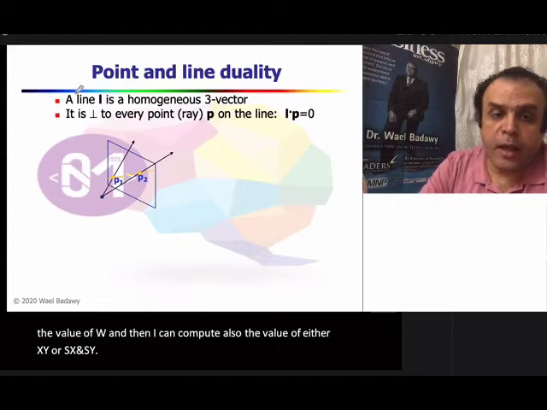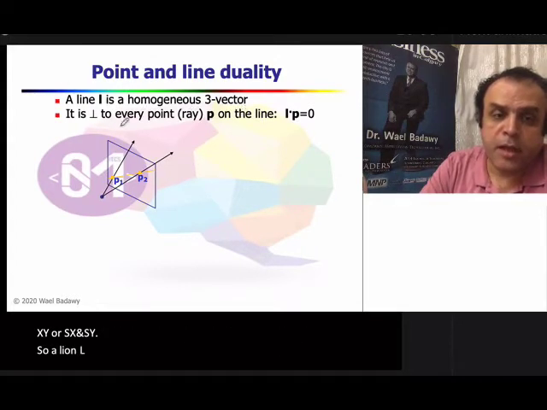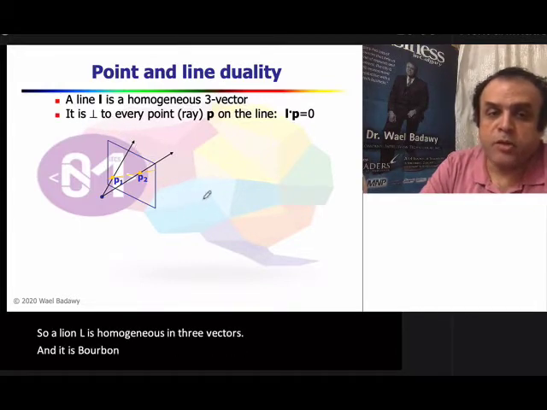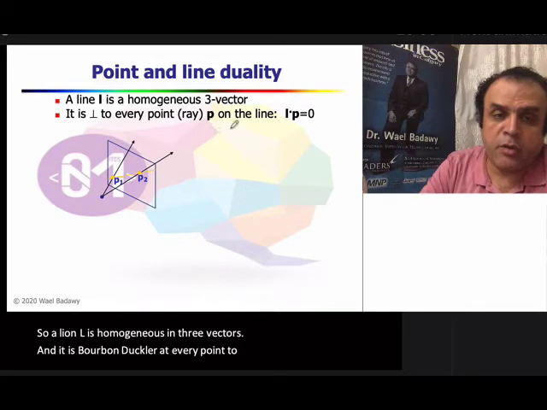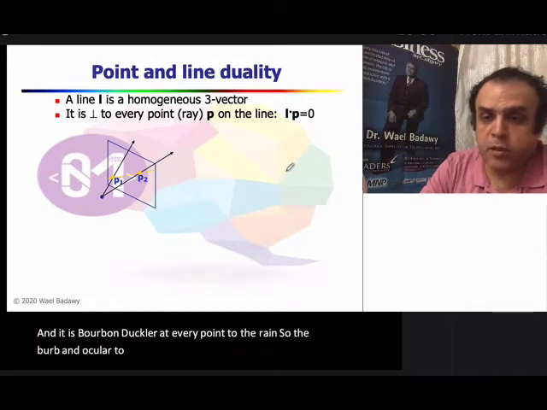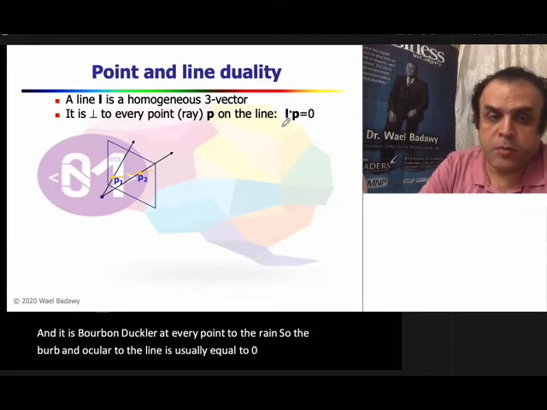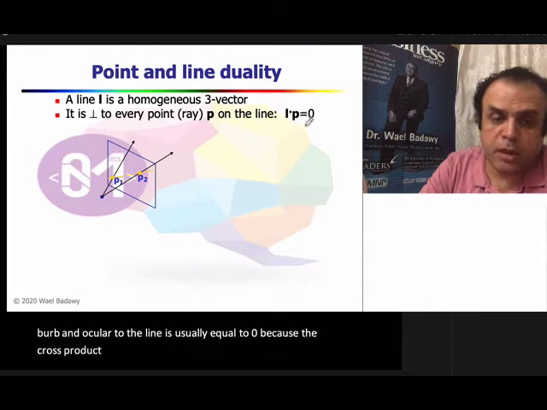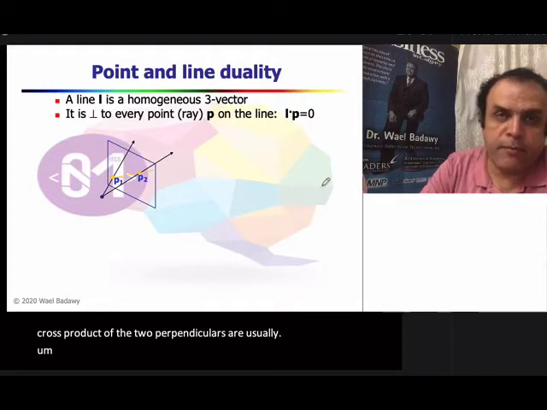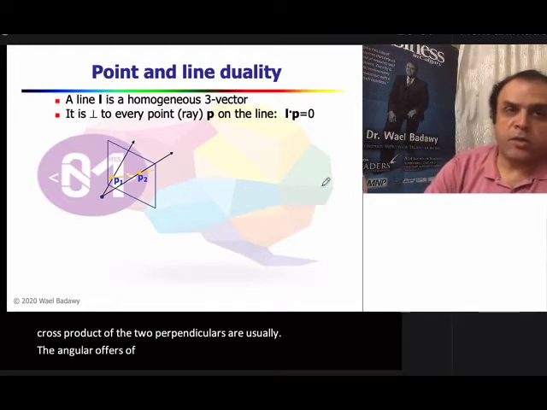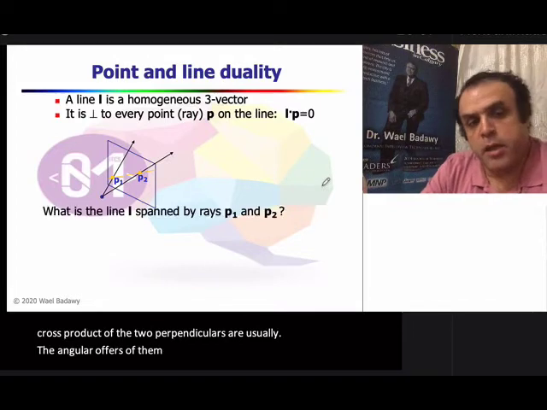So a line L is a homogeneous 3-vector, and it is perpendicular at every point to the ray. The perpendicular to the line is usually equal to 0, because the cosine of the angle between them is usually equal to 0.